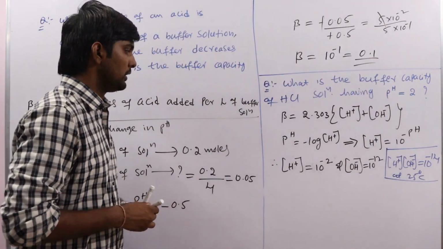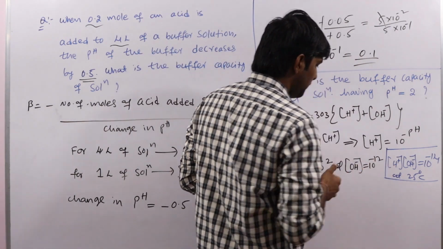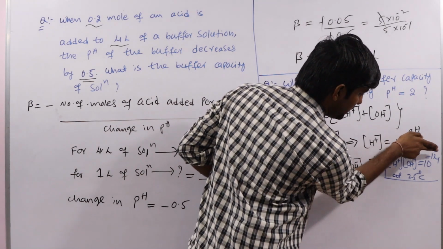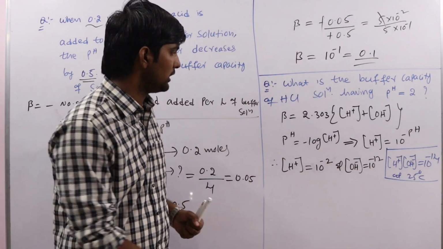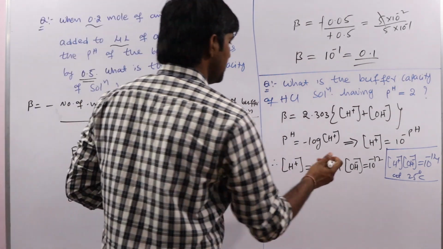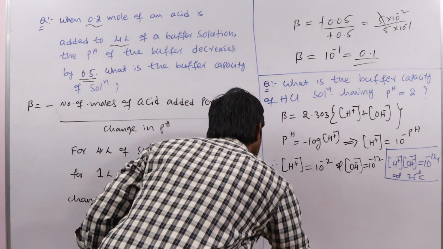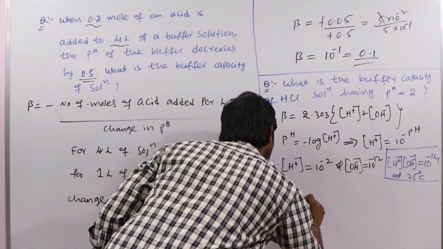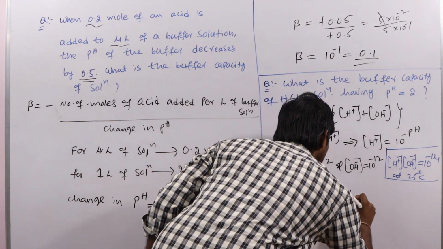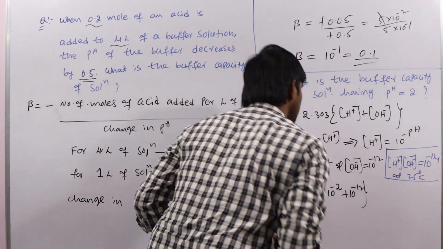If you substitute 10 power minus 2 here, then 10 power minus 14 by 10 power minus 2 gives 10 power minus 12. Now substitute these two in the formula. So beta is equal to 2.303 into 10 power minus 2 plus 10 power minus 12.